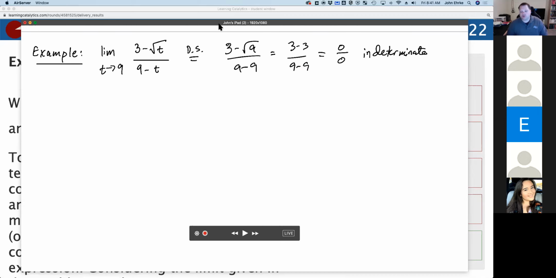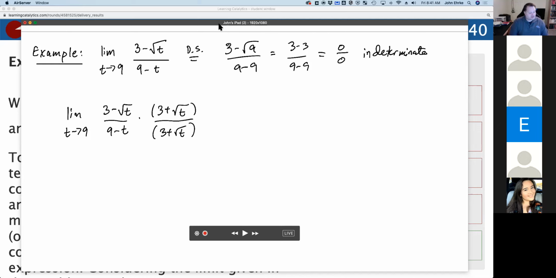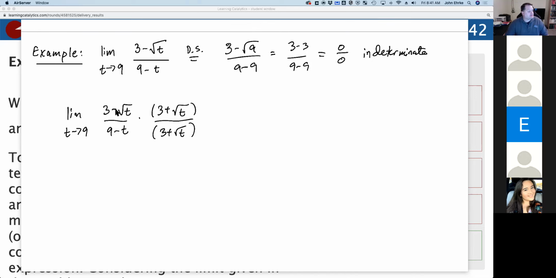So I'm going to use the conjugate method that we used earlier. The square root term is in the numerator. So I'm going to multiply the numerator and the denominator by the conjugate of that term. The conjugate is, since this is of the form a minus square root b, the conjugate is of the form a plus square root b.